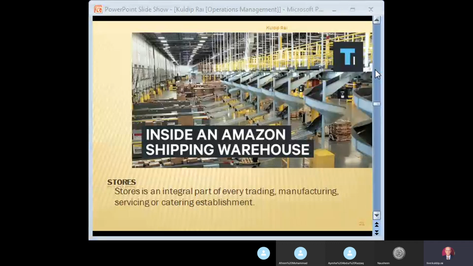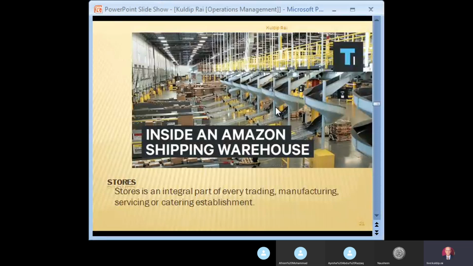Paradise will store so many things. They will keep chicken, mutton, rice in their store. So even they need a good store. Therefore, stores is a very, very important activity in all organizations, starting from your mom's kitchen.